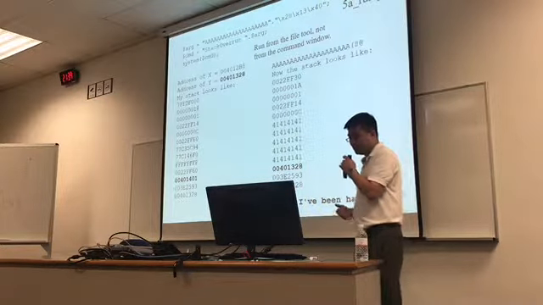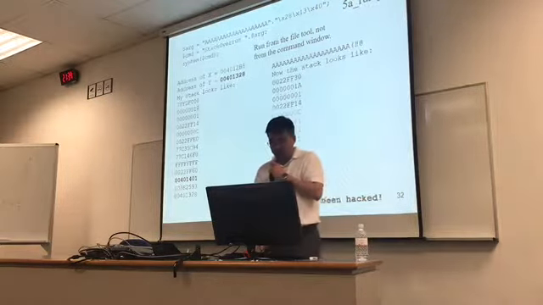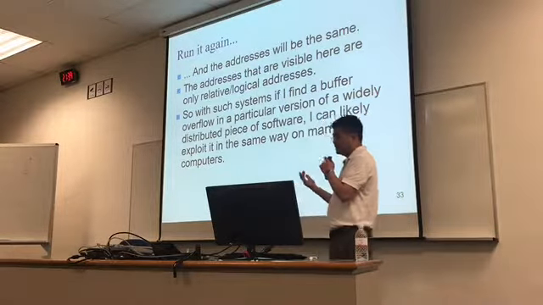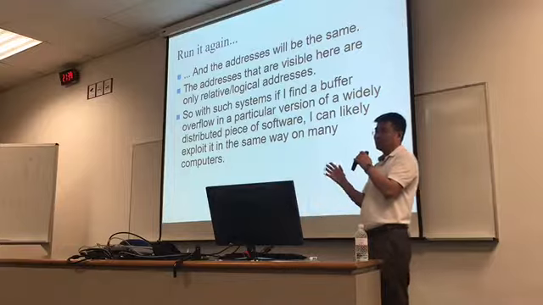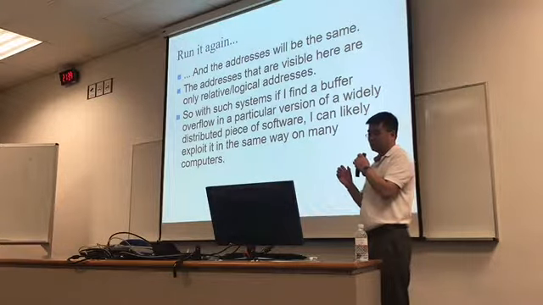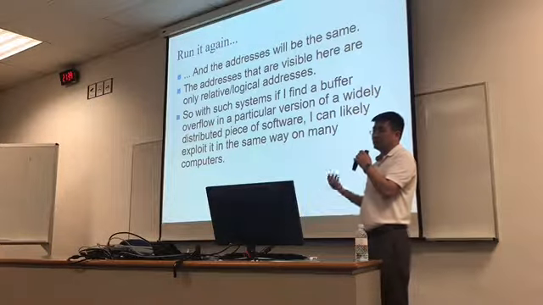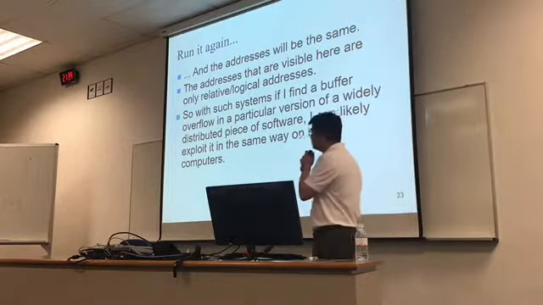So that illustrates that if you can exploit the vulnerability in one program, you can attack any machine that runs this program. It doesn't matter where the program is executed.